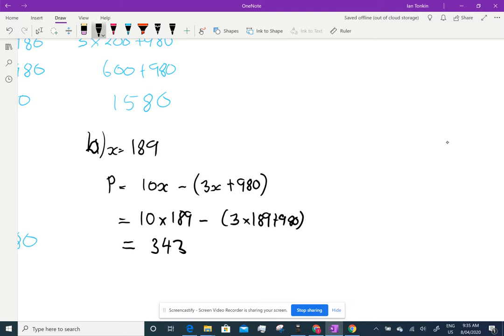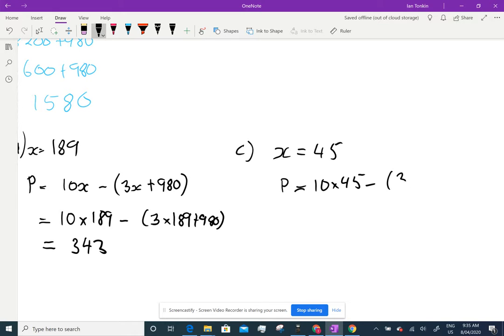Now the other one, the last question said, find the loss on 45 roses. So I'm going to do the same thing. C, x equals 45. Now all I've got to remember is this is going to come out as a negative number. So the profit equals 10 times 45 minus 3 times 45 plus 980.